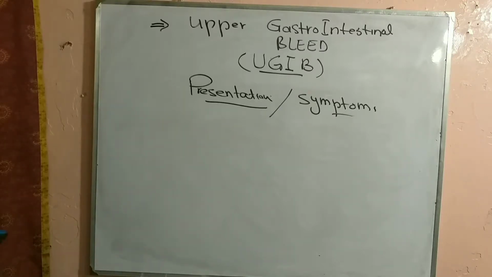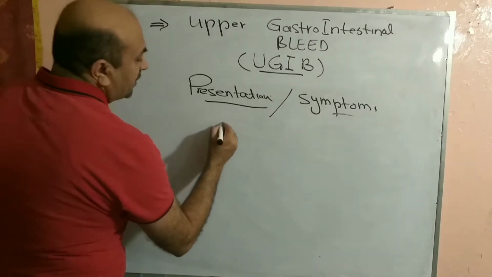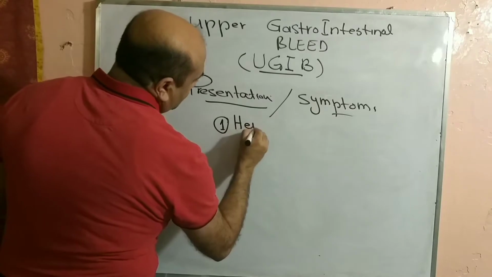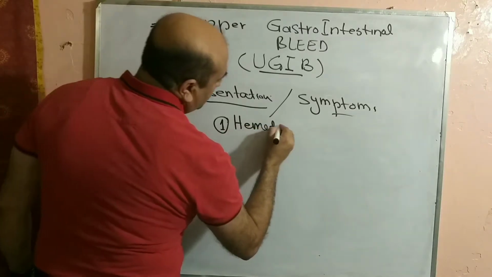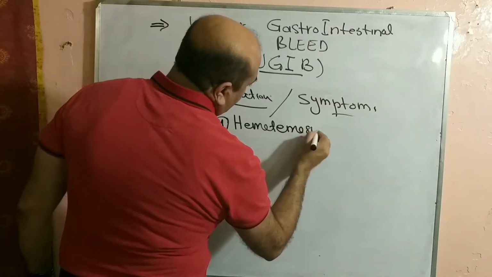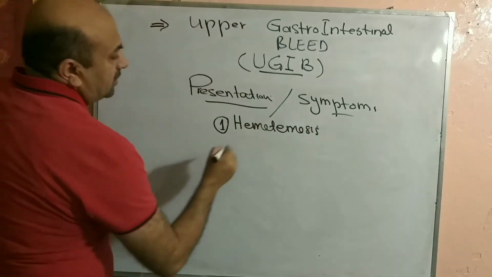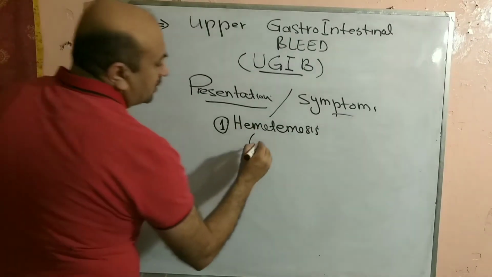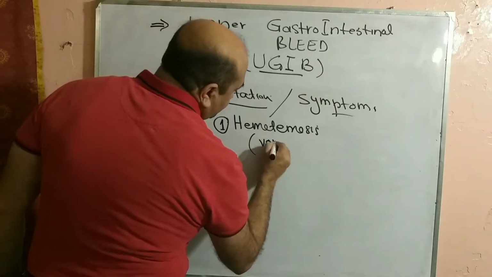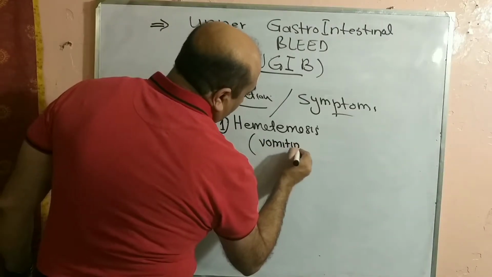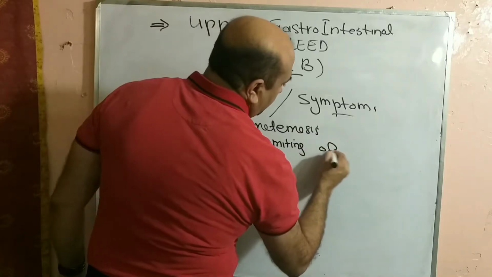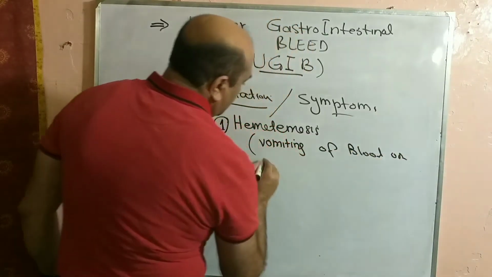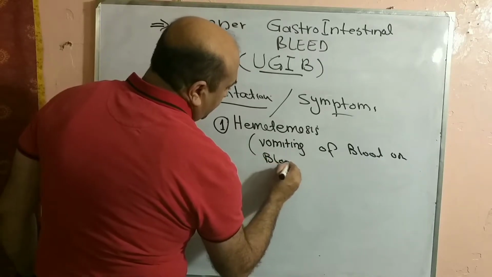These patients are coming either with the complaint of hematemesis, emesis of the heme. Emesis means vomiting, heme means blood, so vomiting of blood, or blood in the vomitus.